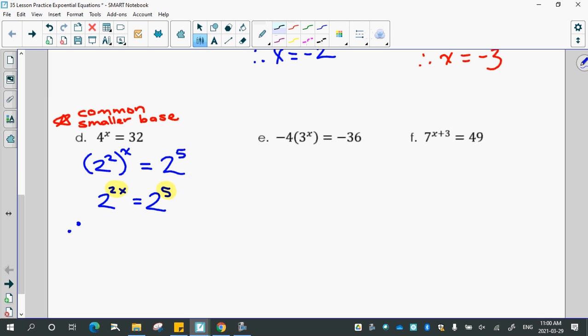So my therefore statement this time is that 2x equals 5, but that's not solved yet. That's 2x, and I just want plain x. So what do I need to do to both sides? Divide both sides by 2. So x is 5 over 2. Okay, x is 5 over 2.